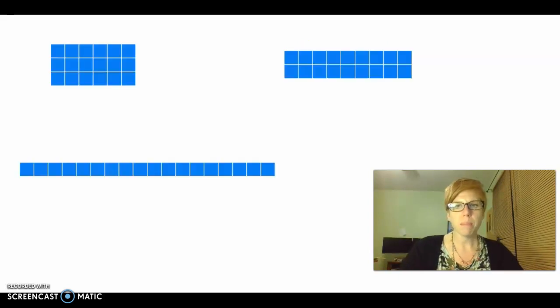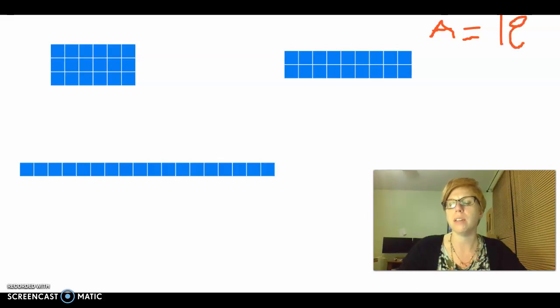All right, let's look at the possible shapes you could have made when finding an area of 18. Let me write that down. An area of 18 square units. And remember, this could be 18 miles, 18 feet, 18 inches, as long as they are square units, because that's how we measure area.